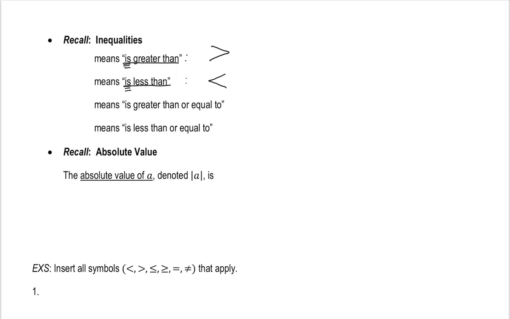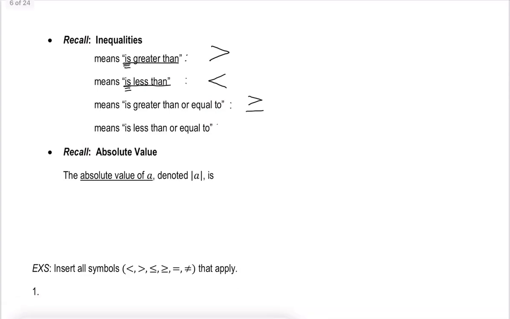All right, now if you throw in the "or equal to" with that, that is going to be indicated by a line underneath the appropriate inequality symbol here. So "is greater than or equal to," and then "is less than or equal to." So those are our inequality symbols. I'm going to rewrite that one actually.